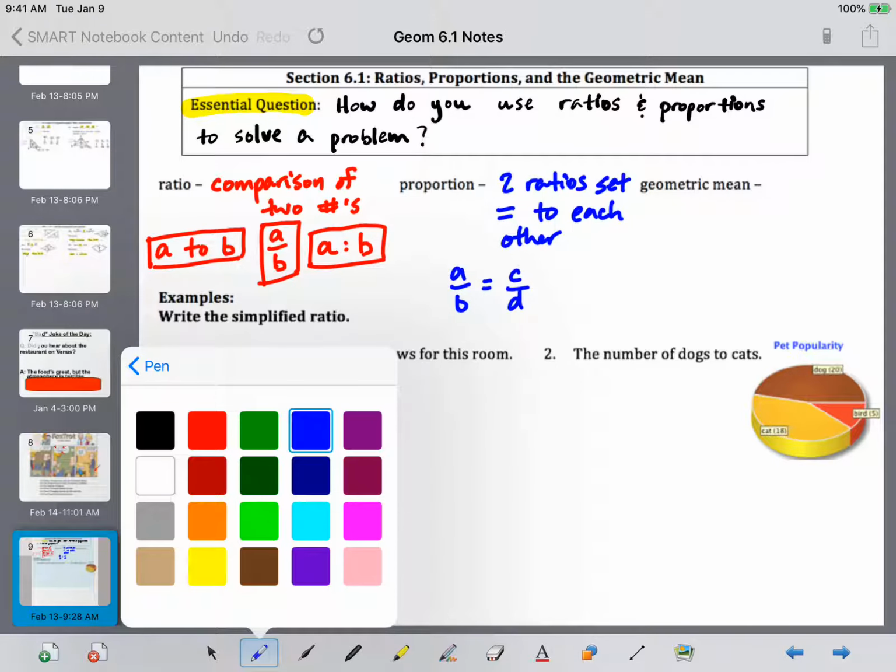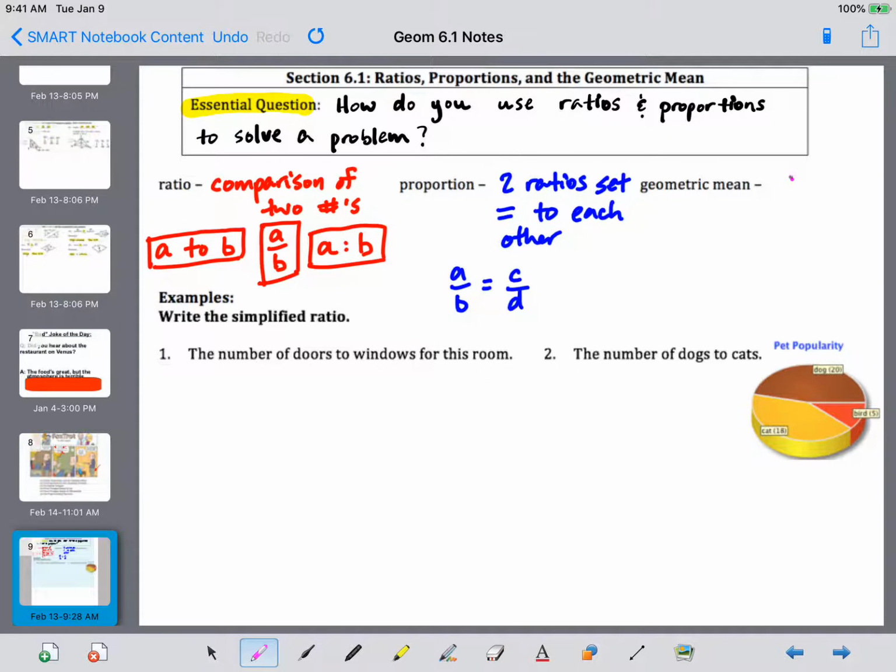The geometric mean is probably a new one, but that is always in this form: A over X equals X over B. So this is the geometric mean of A and B, and A and B are always real numbers. So like 2 and 3 or 7 and 8 or whatever numbers you're looking at.